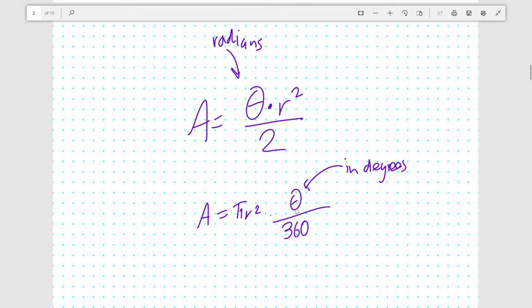Say for 720 degrees, which is 2 circles, there'd be 2 full revolutions and the area would be 2 pi r squared. Or say for a quarter of a circle, the angle theta would be pi over 2. So it would be pi over 2 r squared over 2, or pi r squared over 4, a quarter of a circle.